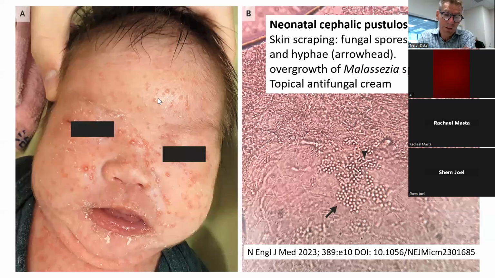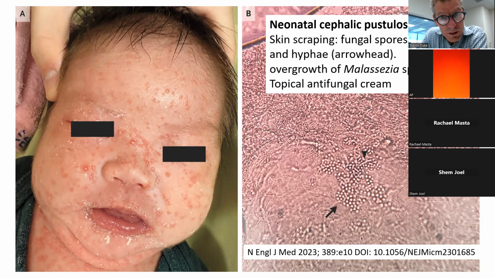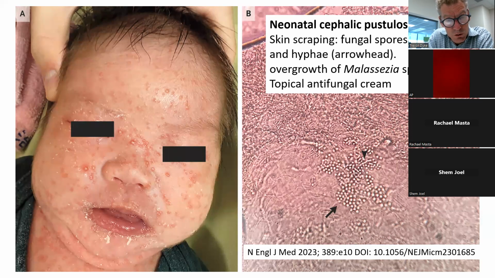And then this last one is quite hard to make a distinction on, but this was published recently. There is a condition called cephalic pustulosis, which again we'd look at and say it's likely to be a staphylococcal infection or a bacterial infection, and we'd probably treat it with antibiotics. But actually it's due to an overgrowth of a fungus. If you take a swab of it and look at it under the microscope, you can see both fungal spores and the hyphae.